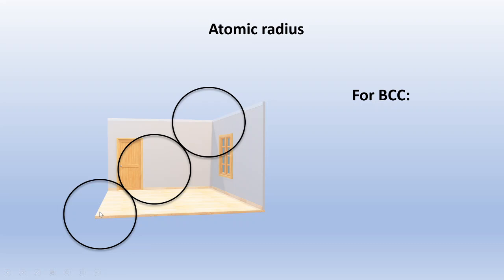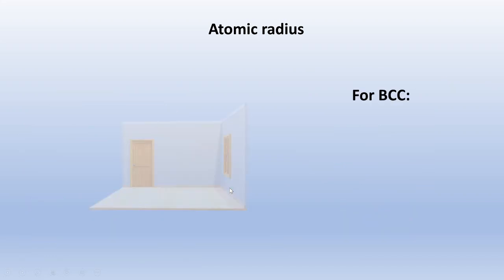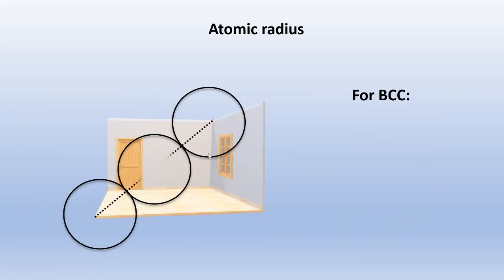So when we connect these three atoms, you have to look very carefully that unlike FCC, in which the atoms were present on a straight diagonal connecting just two corners on one face, in BCC this straight line is connecting the opposite corners of the room.